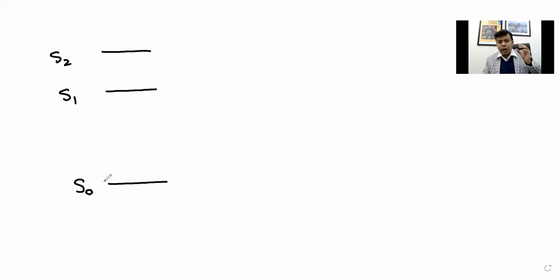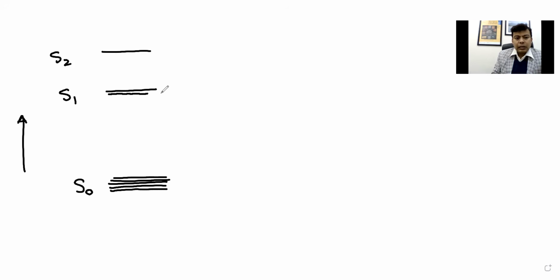So each of these electronic excited states or ground state, of course, S0 is ground electronic state, are associated with much smaller energy separated vibrational states. Okay, so electronic states are much more well separated in terms of energy. So energy is, of course, along this axis, and therefore you have also vibrational states associated with each of these electronic states.